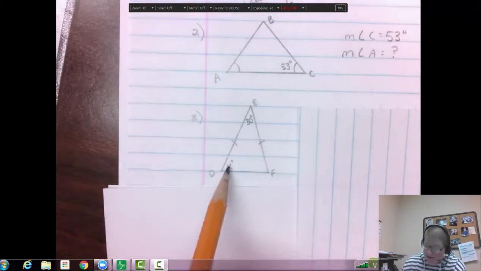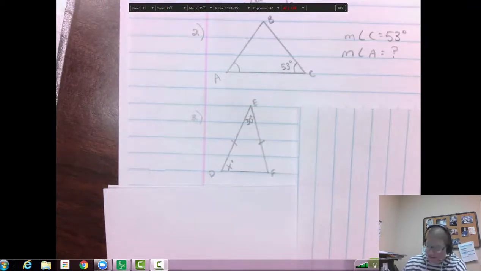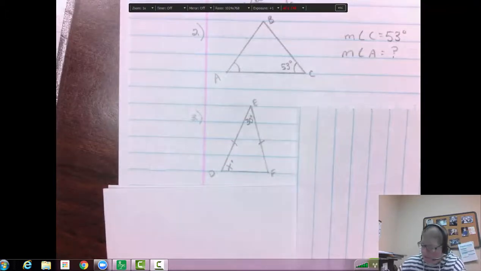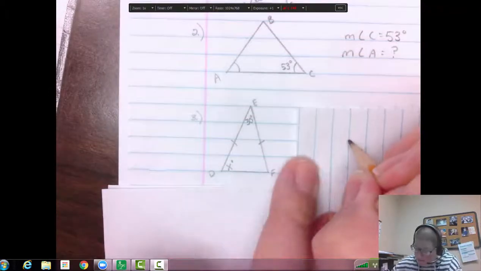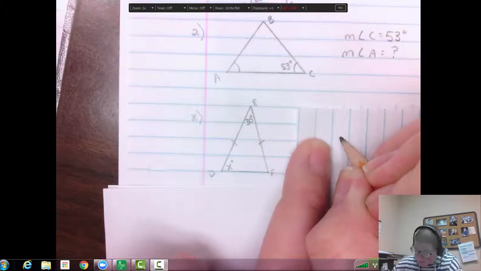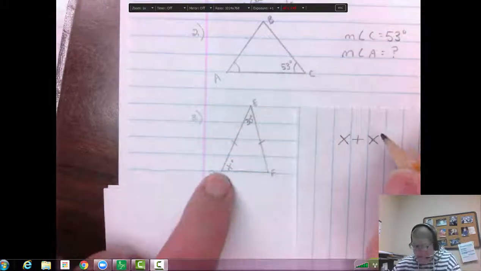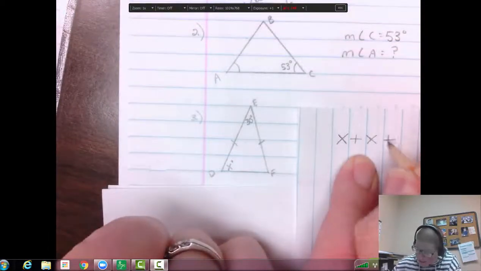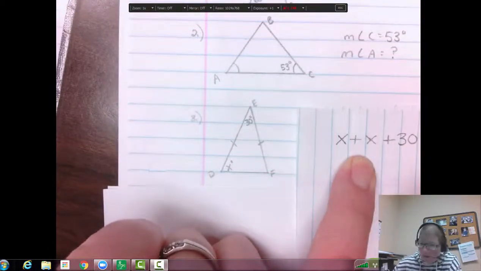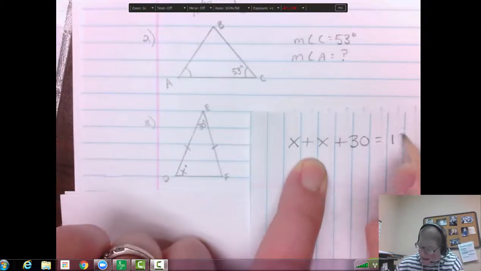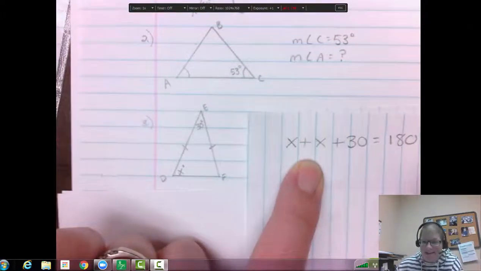What do we know about both these angles if these two sides are congruent and it's isosceles? We know that this angle also has to be the same degrees, so we could call it x as well. So x plus one more x, plus the 30 has to equal 180, right? So adding all three up has to equal 180.